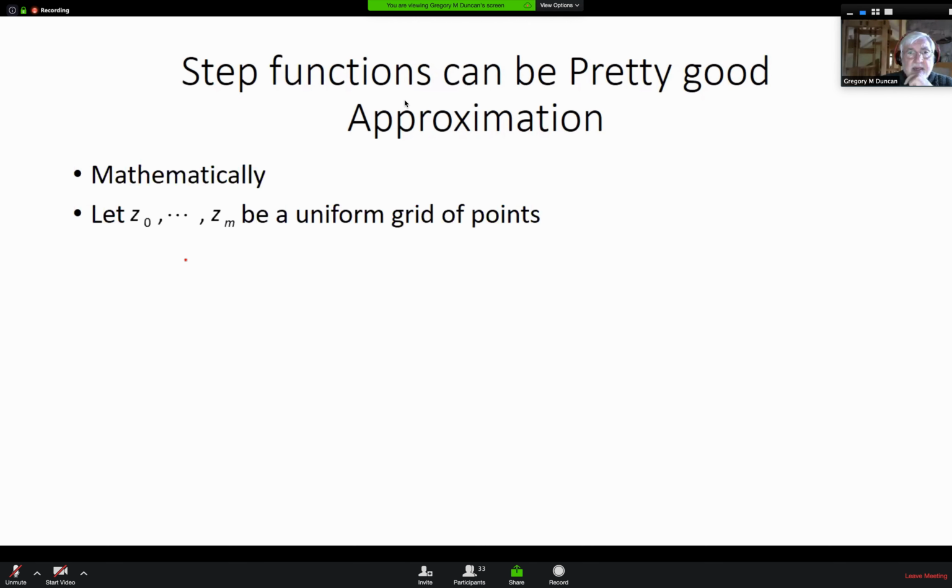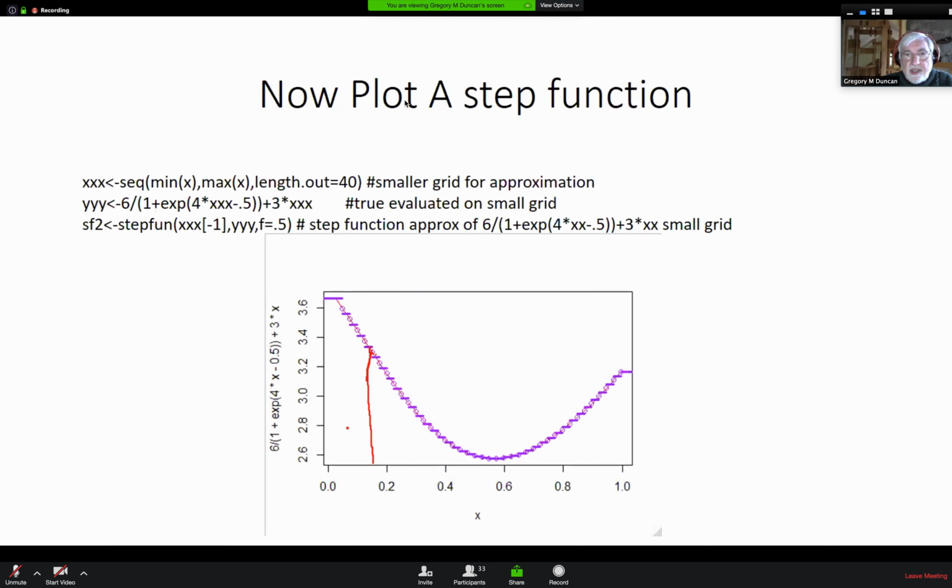So mathematically, I'm going to let Z0 through Zm be a uniform grid of points. Basically what I'm going to do is divide this up uniformly.